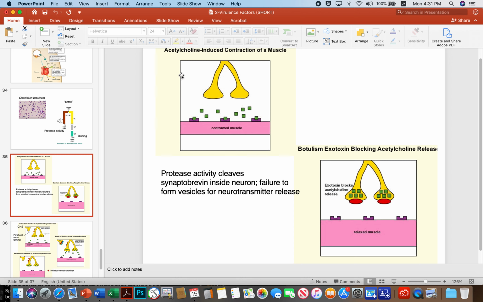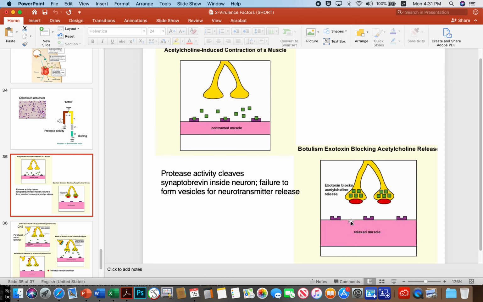Then there will be an inhibitor signal, which removes this, and the muscle can then release and relax. In this particular case, here's the Botox AB toxin. The B portion binds, and the A portion goes in and destroys the ability of acetylcholine to be released across this little synapse.